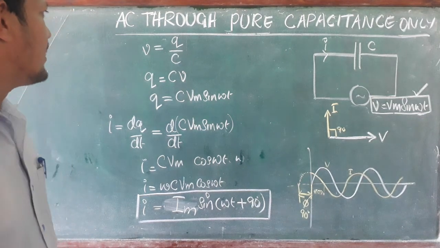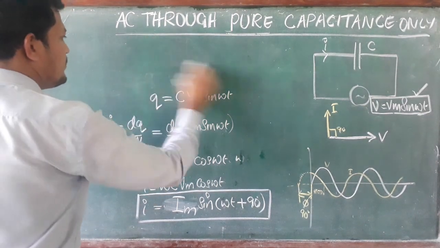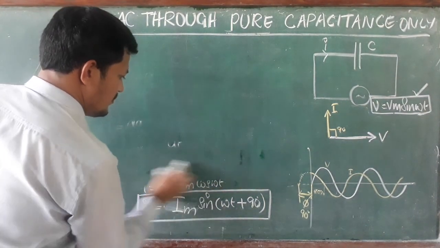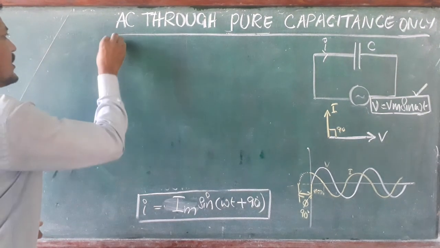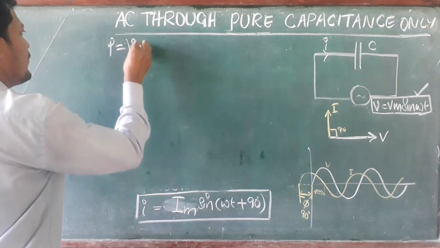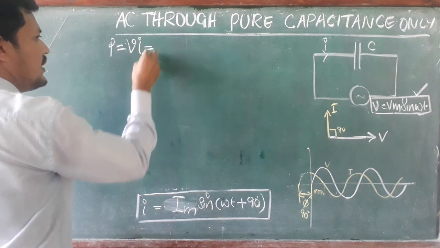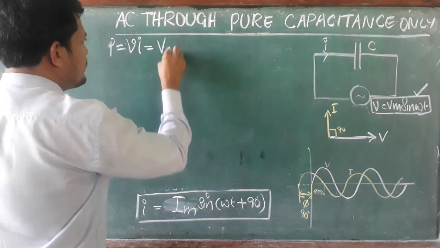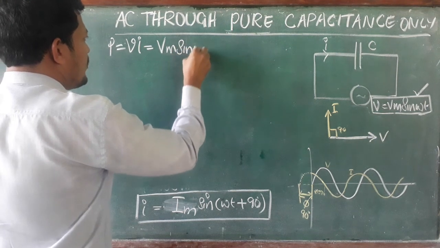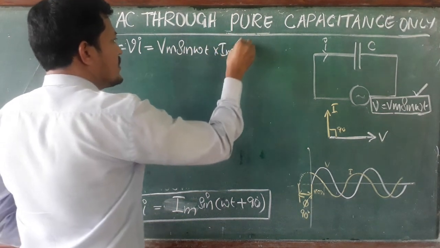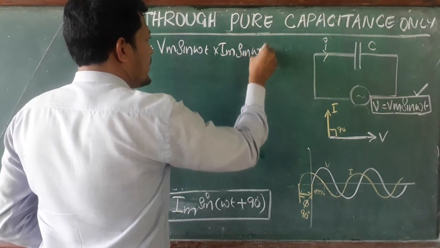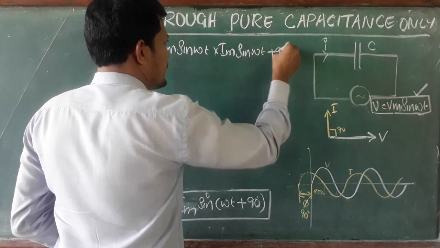Now we are going to find the power. You know that power equals the instantaneous value of V times the instantaneous value of I. So V is Vm sin omega t, and I equals Im sin omega t plus 90.